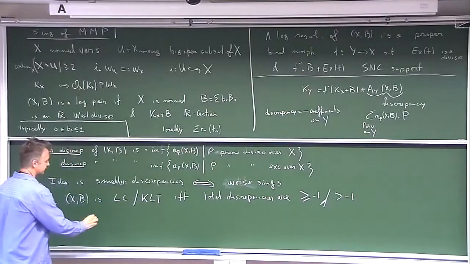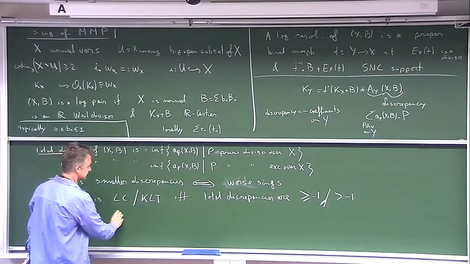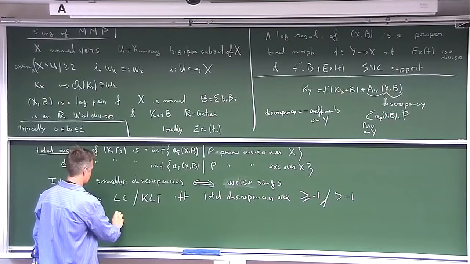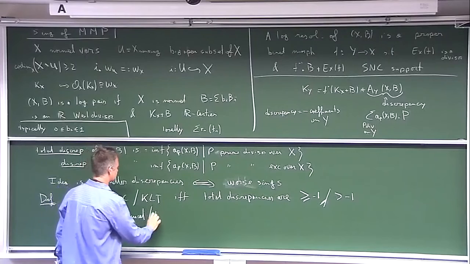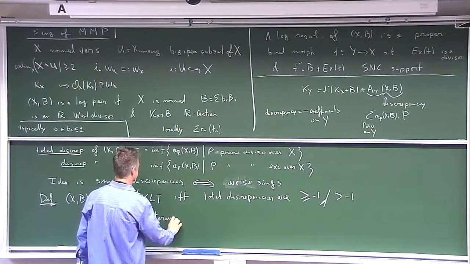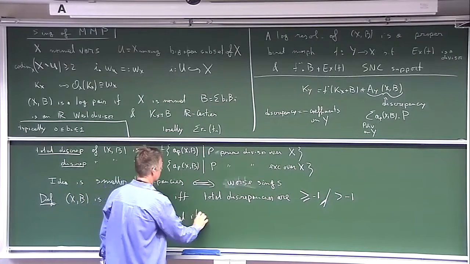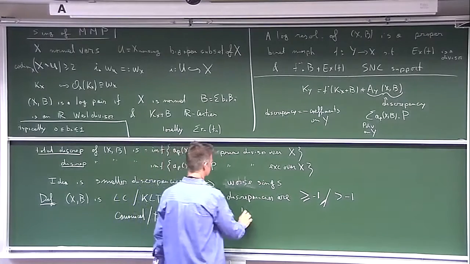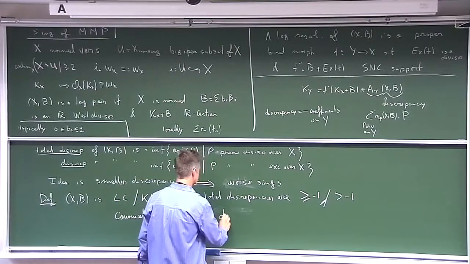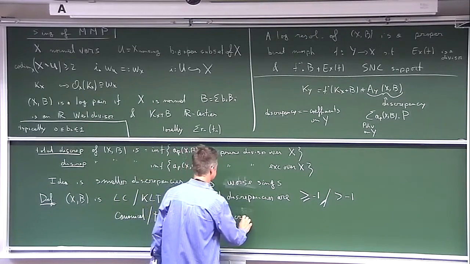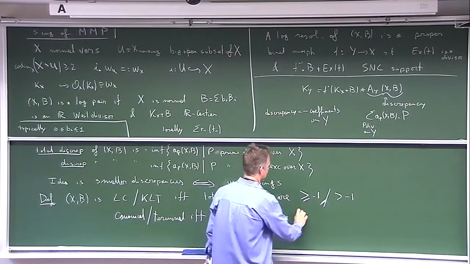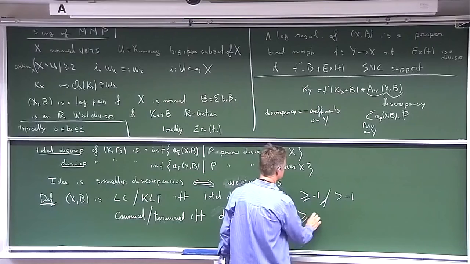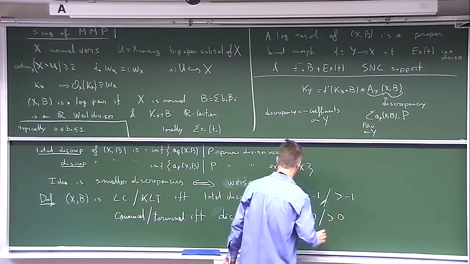And we say that this is canonical, respectively terminal, if and only if the discrepancies are greater or equal to 0 and strictly greater than 0.